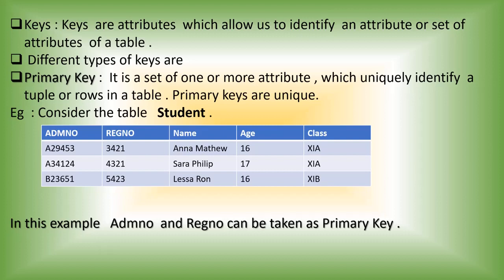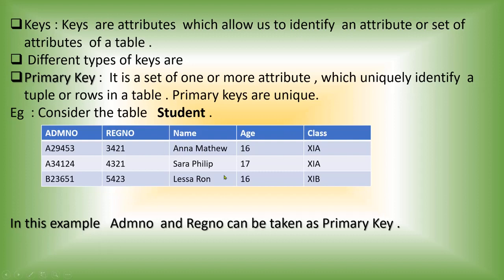We already studied that the main advantage of a database is that it reduces redundancy. That means the same information will not be repeated in the same table again. If you are entering a student's information, it will be stored in the table only once, so that particular register number will occur only once in the table.